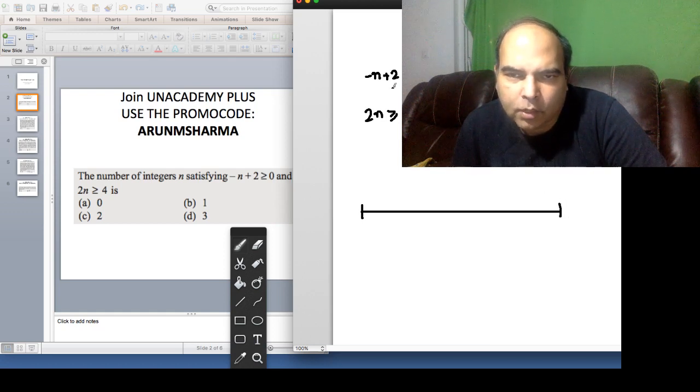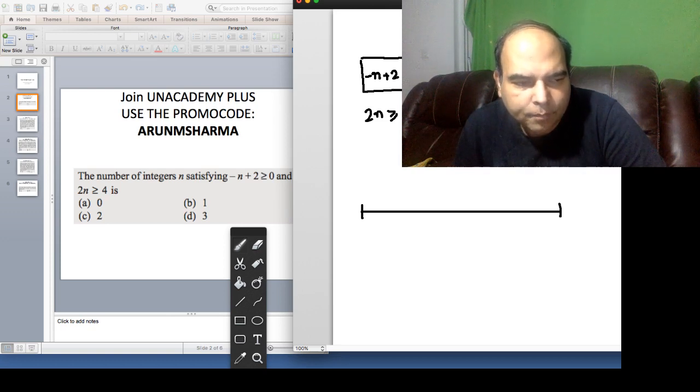When you think on the number line, first of all, think about this angle. Minus n plus 2 has to be greater than or equal to 0. When does that happen? You're looking at n being an integer, and minus n plus 2 greater than or equal to 0.